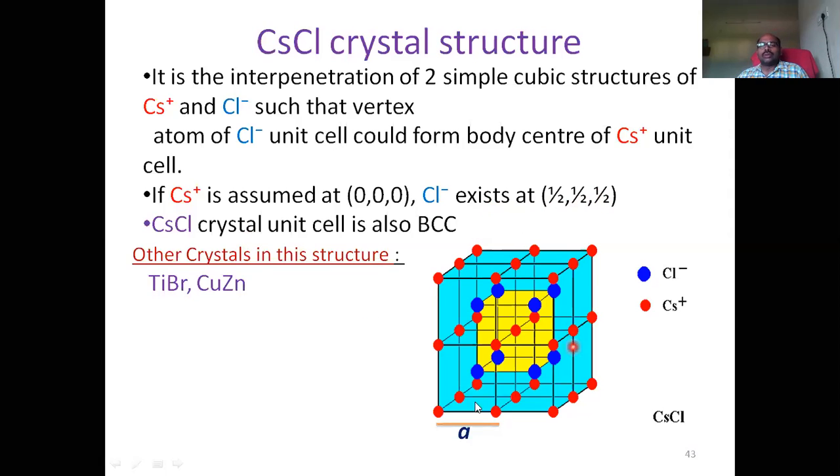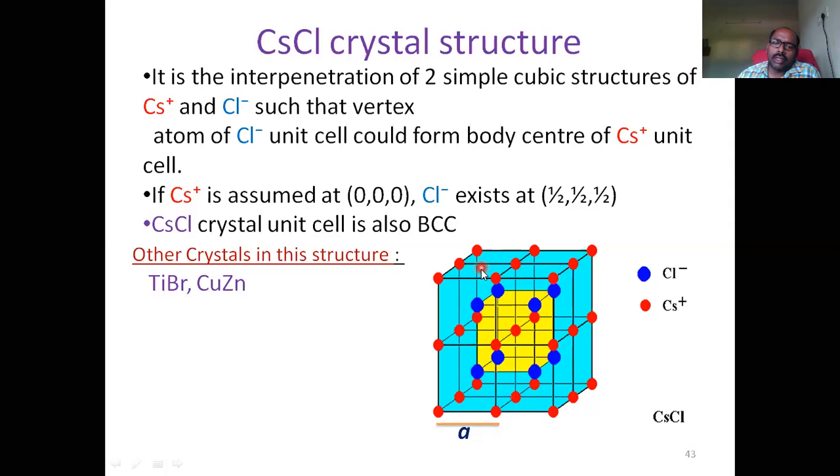Here we can see one cube, another cube, a third cube, and a fourth cube. We are seeing four cubes on the upper surface of the total structure, and below these four cubes there are four more cubes. So we get the idea that there are eight cubes, four over another four.